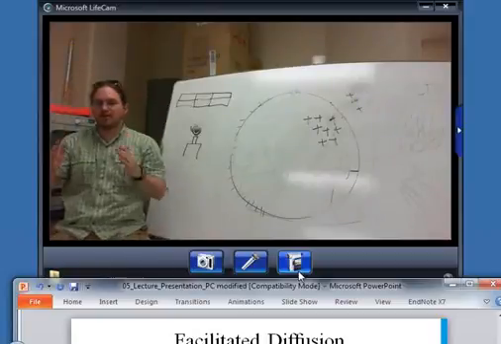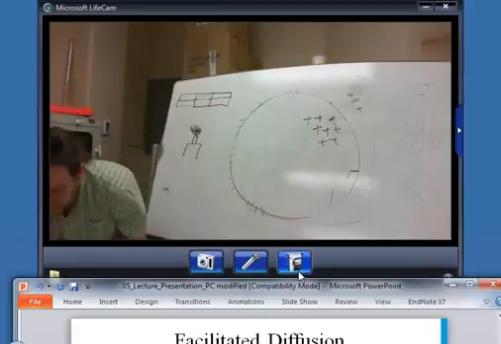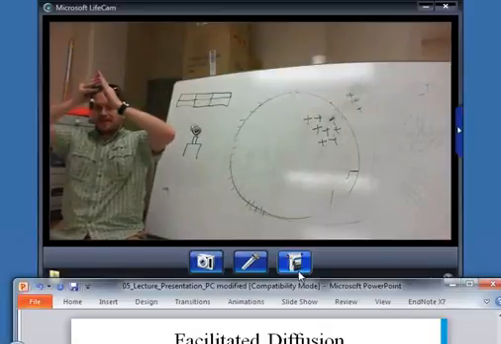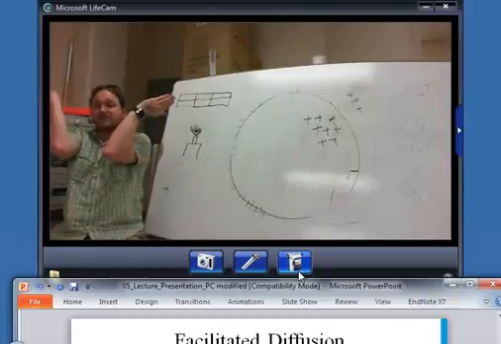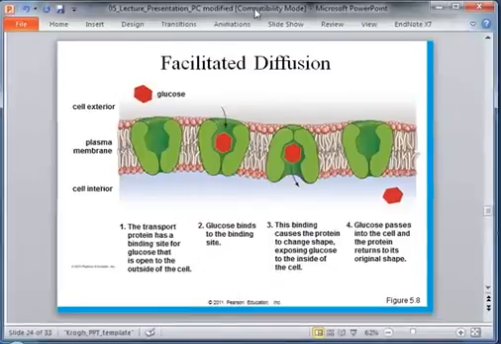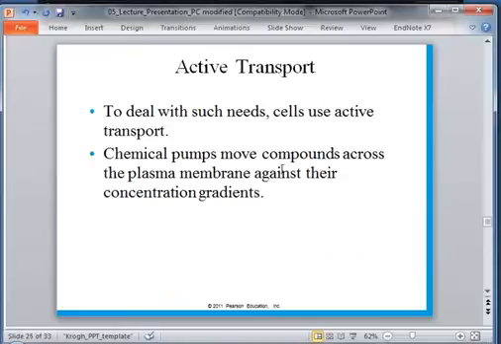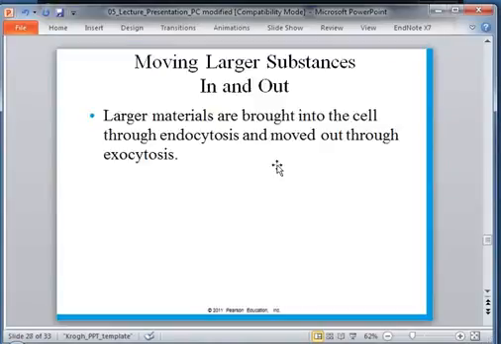And so what's really cool about this is a lot of times these move like this, and when it lets something in, something else from the cell will bind on the inside and it will let it out. And you'll see a little bit of that in anatomy and physiology, but not much later in the semester. So we can do that with pretty big molecules, but what happens when molecules get really big?